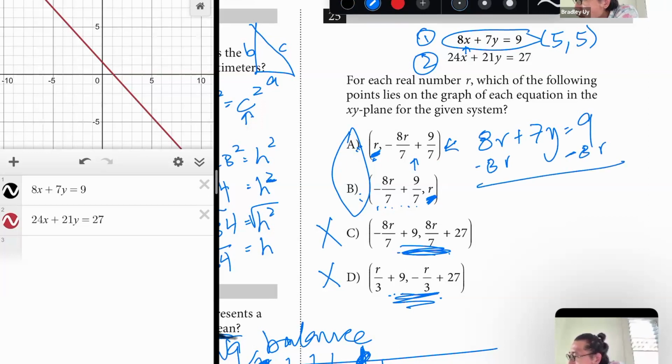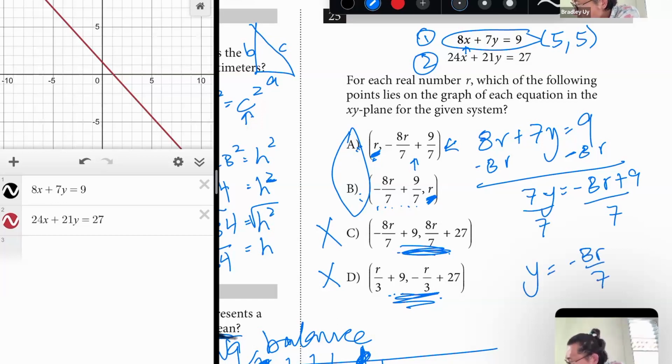I'm going to change the order over there on the right. So I have 7y equals negative 8r plus 9. Sign travels with the term. I'm going to divide by 7, and I will have y is negative 8r over 7, I'm just writing in the format that they have, plus 9 over 7, which is choice A. Okay.